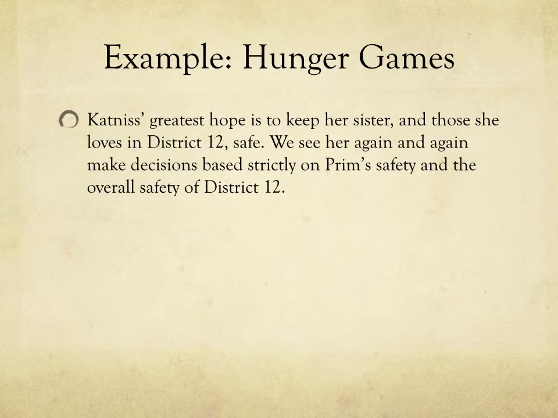So this idea of safety is a recurring storyline within the Hunger Games, especially the entire trilogy, and you see on the page that Katniss is always trying to keep the people that she loves and cares about safe. So that's really her greatest hope.